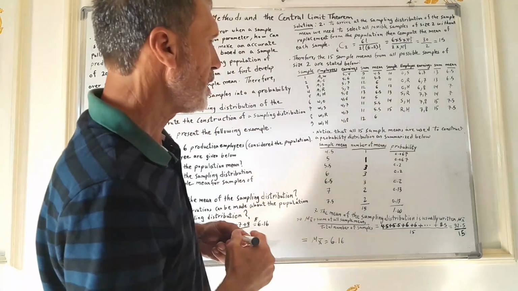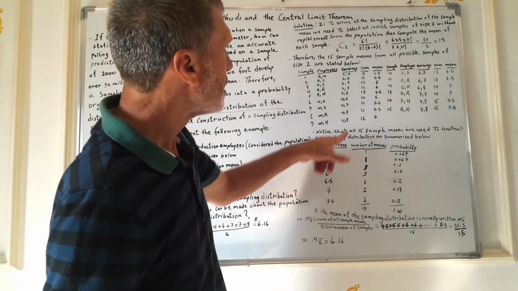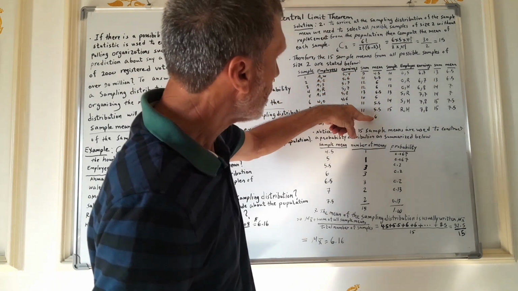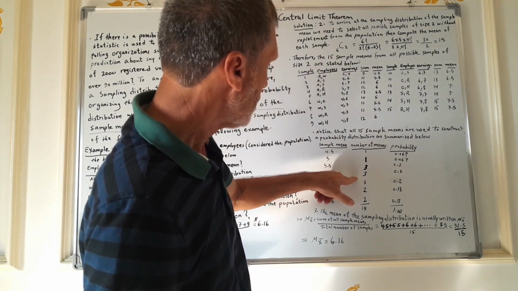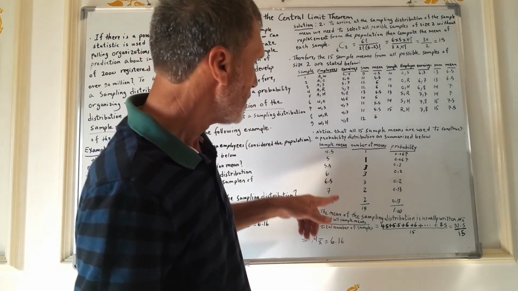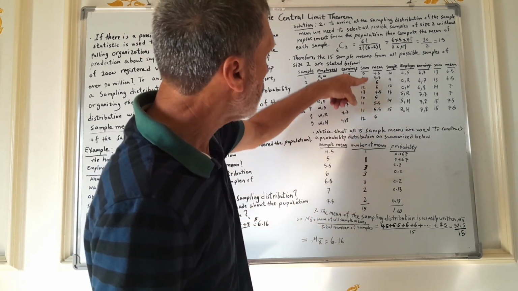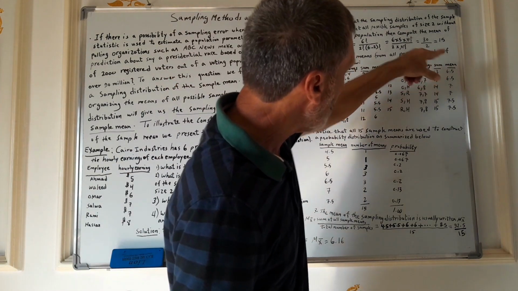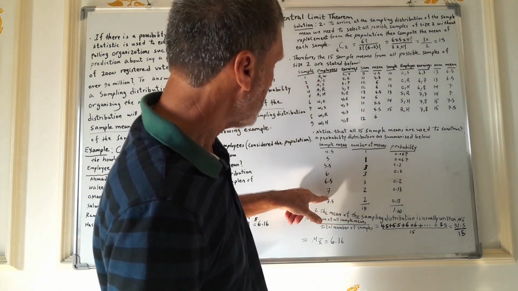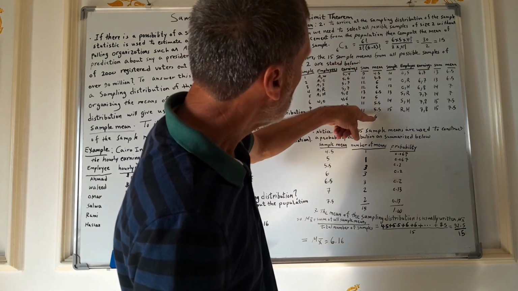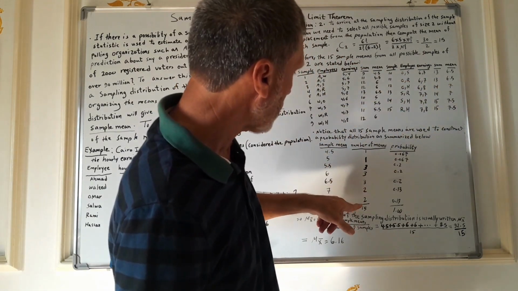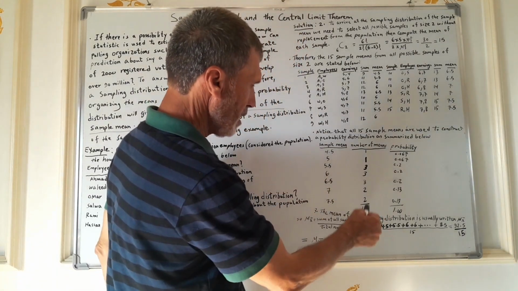What about 6? 1, 2, 3. We get 3. What about 6.5? We get 3 also. What about 7? We get 2. What about 7.5? Also we get 2. Total number is 15, as you can see.